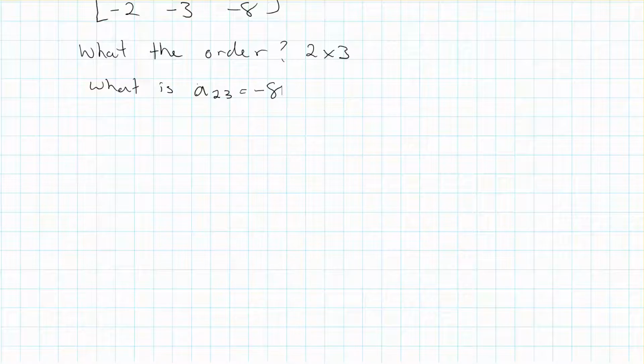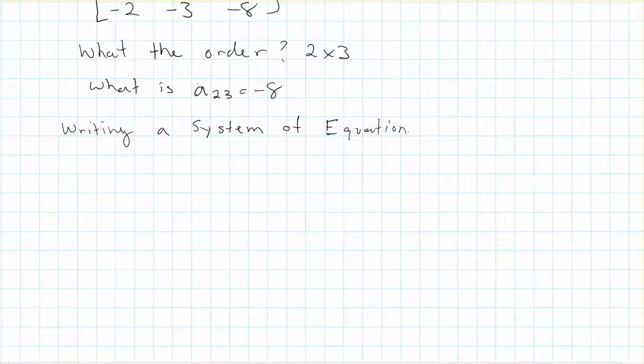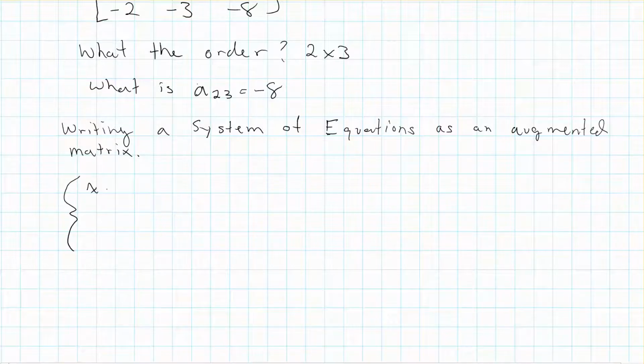What we're first going to look at is writing a system of equations as an augmented matrix. This is pretty straightforward. I'm not going to write down a definition on how to do this. I think the easiest thing is to look at an example and show what the augmented matrix is. So let's look at a system of equations, and then maybe we'll solve this one as well.